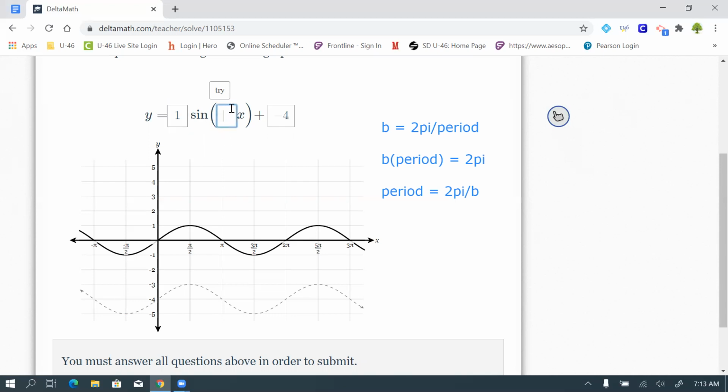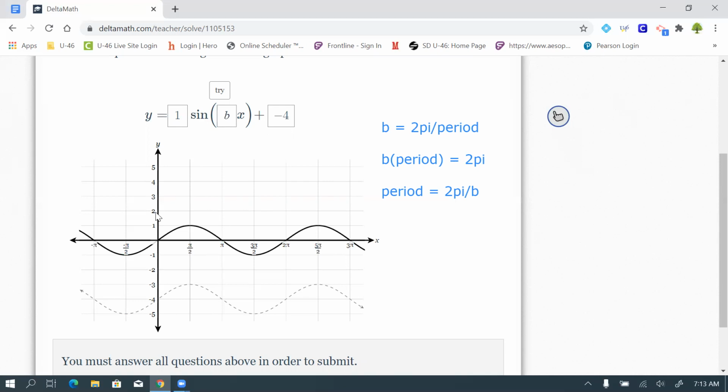And then this is where b would go. When you have the graph, it's easiest to think of b like this middle one: b times the period equals 2 pi. That's another way of saying b is however many cycles there are in 2 pi. Here's 2 pi right here.